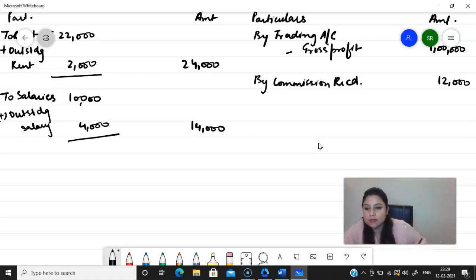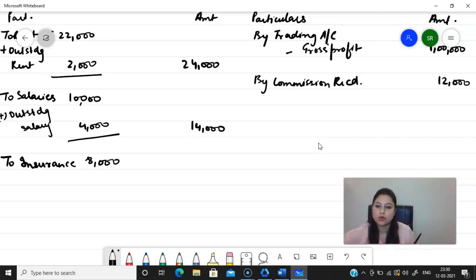Again, the insurance expense has been given to us, so to insurance, which amounts to 8,000. Apart from that, we have also been given prepaid insurance, that is, insurance which has been paid in advance and does not belong to this particular period.